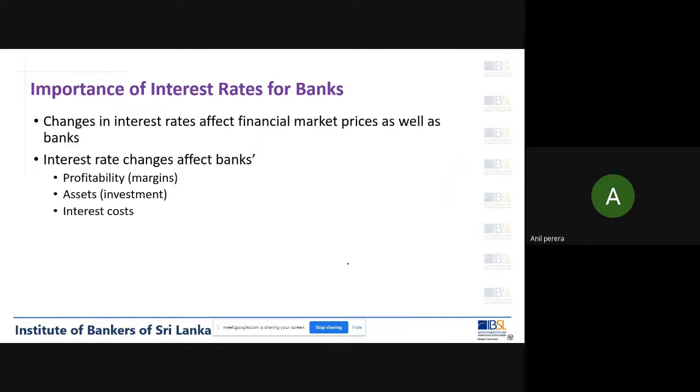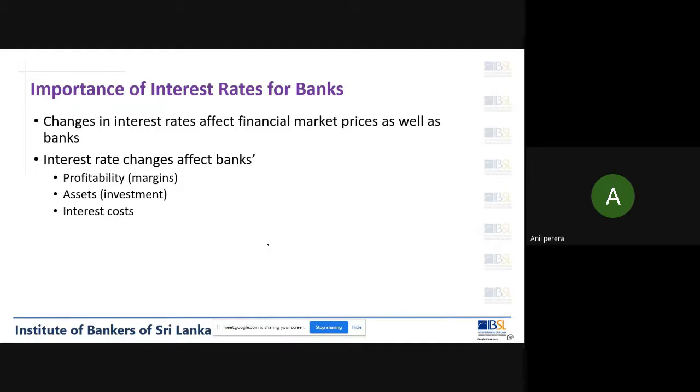And these changes in interest rates affect the financial markets and the banks, everyone. As customers or the average public, the interest rate changes affect us. Similarly, financial markets and banks will be affected by the interest rate changes.